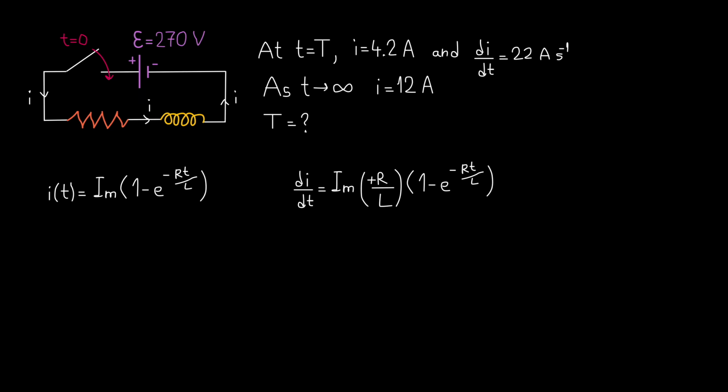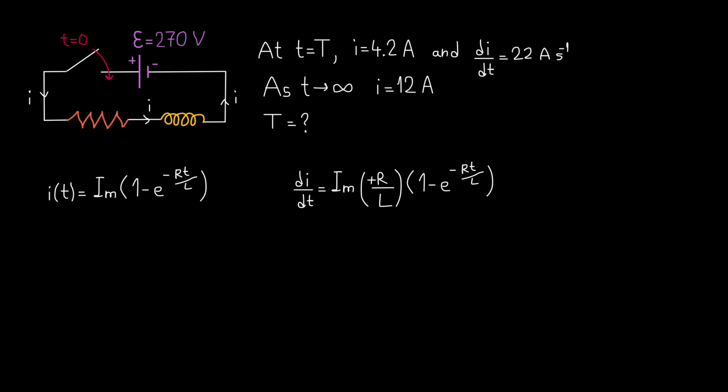Di dt, the rate of change of current, is basically the same expression as current, but we get a factor of R over L, because the derivative of the exponential is itself, but then we need to multiply it by the coefficient of t in the argument, which is negative R over L. There's another minus sign in front of the exponential, so those negatives cancel, and we get this expression.